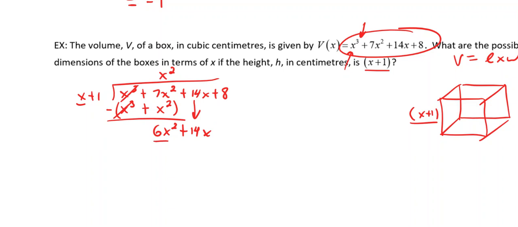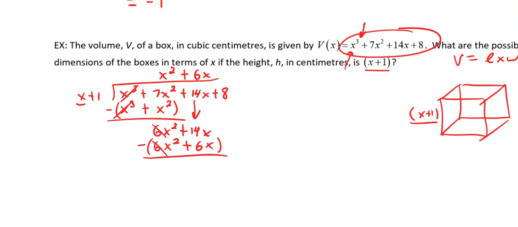So how many times does it go in? 6x. Yeah, 6x times. And then 6x times that is going to be 6x squared plus 6x. And then we'll subtract that.